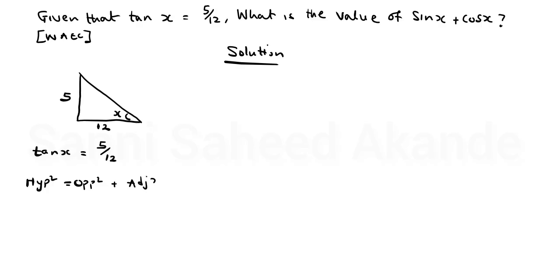So hypotenuse is what I'm looking for. It is equal to the opposite, 5 squared, plus the adjacent, 12, all squared. Understood? So hypotenuse squared will be equal to 5 squared, which is 25, plus 12 squared, which is 144. When you add these two numbers together, you will have 169.